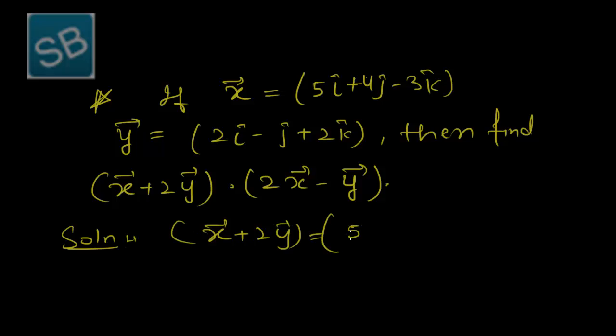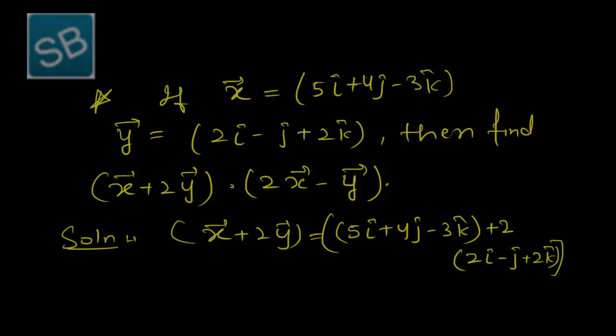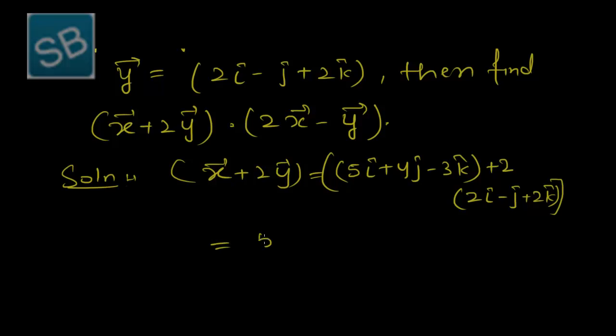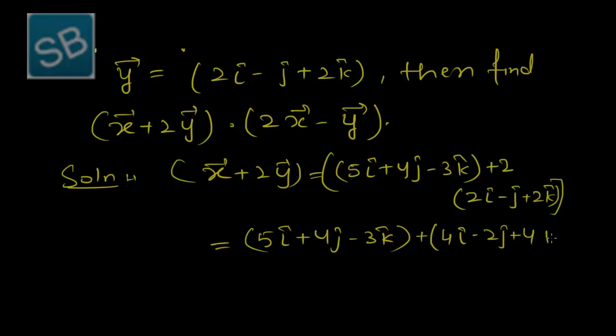That is, vector x is 5i plus 4j minus 3k plus 2 times 2i minus j plus 2k, and we get 5i plus 4j minus 3k plus 4i minus 2j plus 4k. So we get 9i plus 2j plus k.